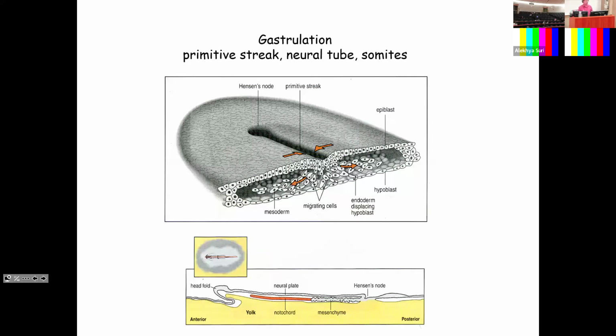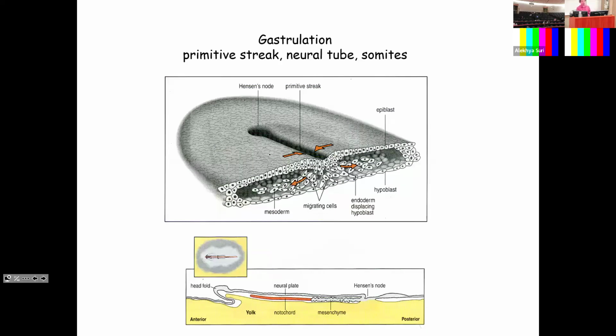Okay, so these are the three axes of symmetry of the embryo, and the primitive streak goes along the spine as a zipper. It goes from caudal to rostral, and then it regresses and goes from rostral to caudal, and then it disappears. So that's a structure that disappears during embryogenesis, in the early embryo.